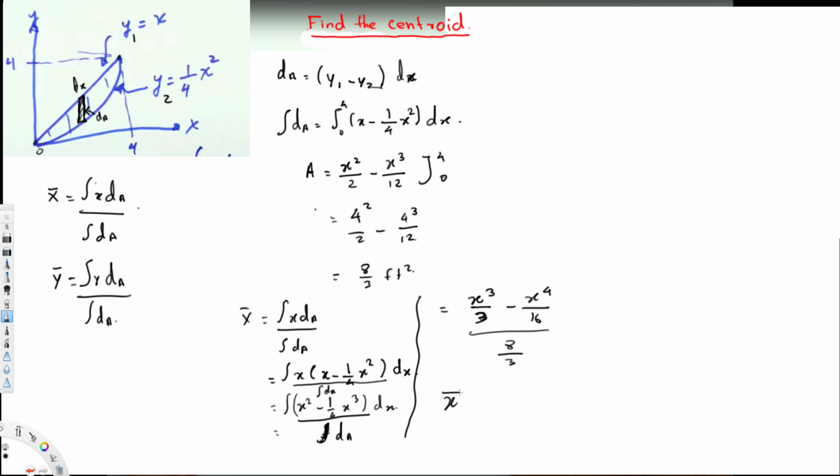If you substitute 4 for x, we get 4 cube over 3 minus 4 to the power 4 over 16, all over 8 over 3, and calculate x bar. That comes out to be 2 feet. So this is the final answer for x bar.